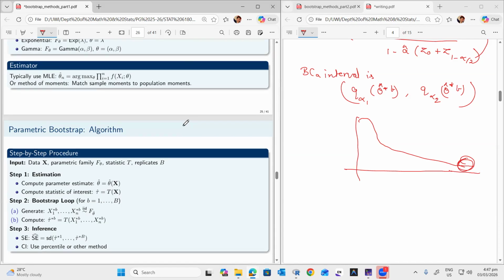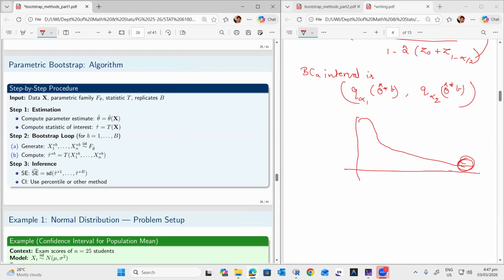So in that one, how will the parametric bootstrap work? In the parametric bootstrap, we have the data from the given parametric family of theta, and we compute the statistic T, and we are going to replicate it B number of times. All right. So in step one, we need to compute the parameter estimates theta cap, that is theta cap equals theta cap of x, and then we compute the statistic of interest, tau cap equals T(x).